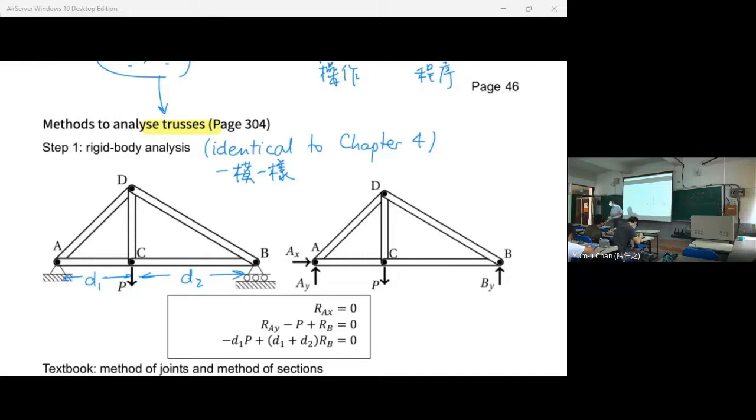This is a pin joint. And what's this one? Roller. Very good.